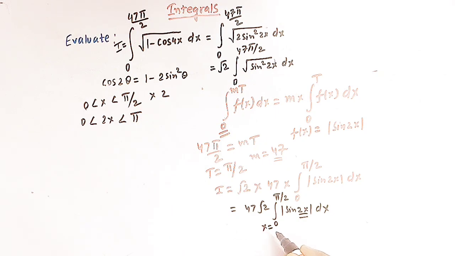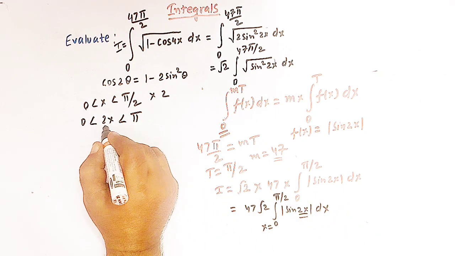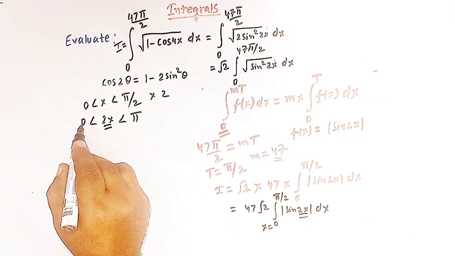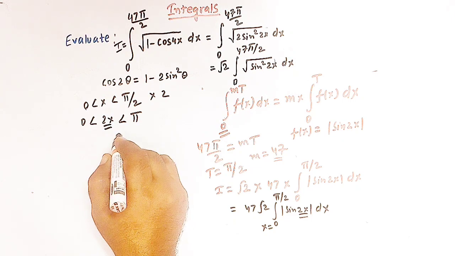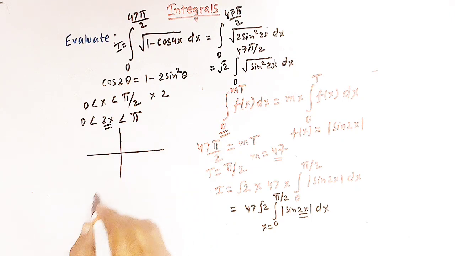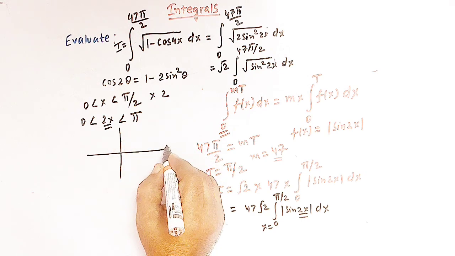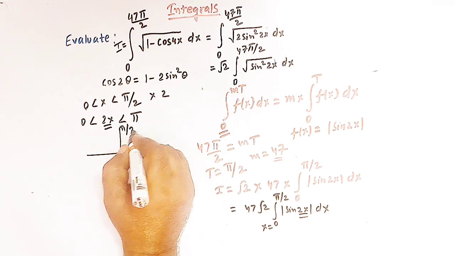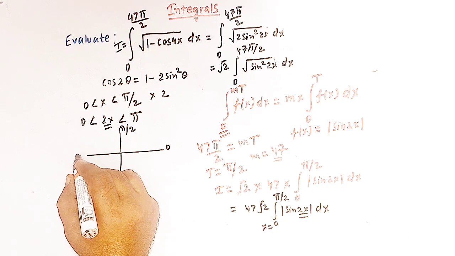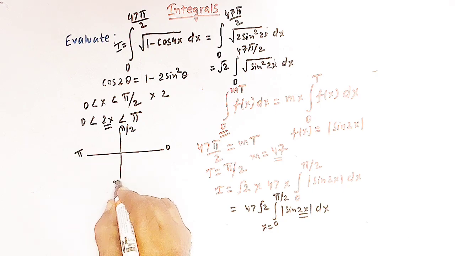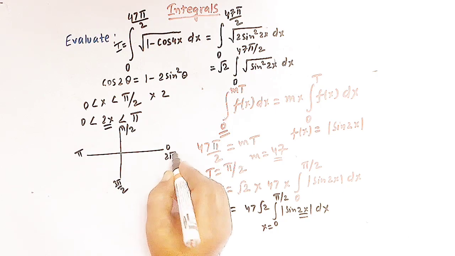So when x varies from 0 to pi by 2, then 2x varies from 0 to pi, right? And if we draw the quadrants here, here we have 0, here we have pi by 2, here we have pi, this is 3 pi by 2, and this is 2 pi, right?